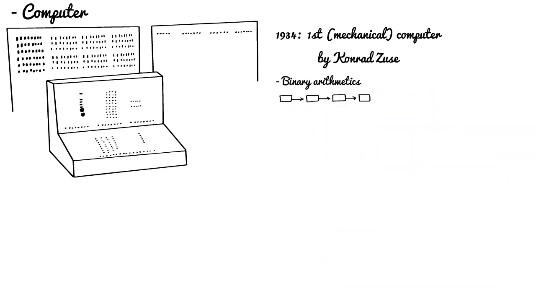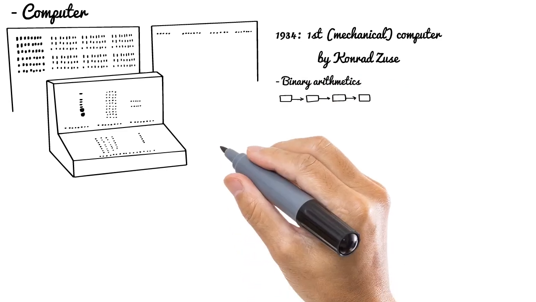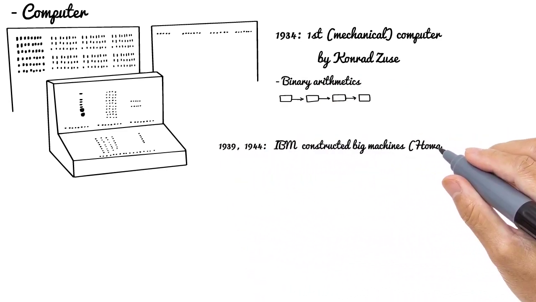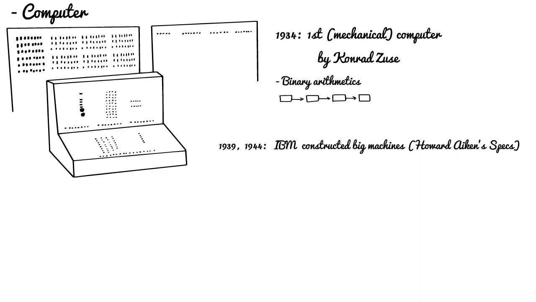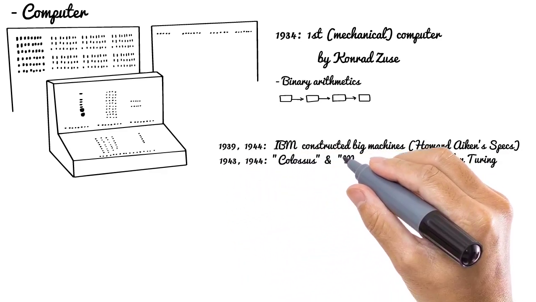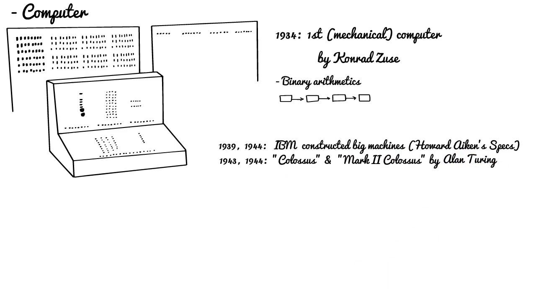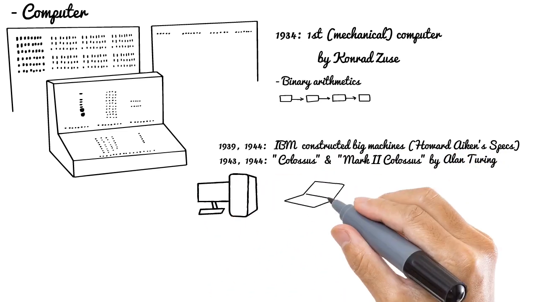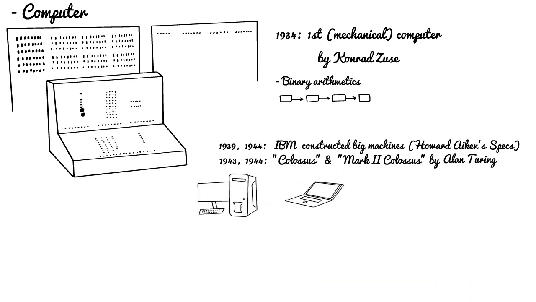Another example is a big machine constructed between 1939 and 1944 by IBM, based on Howard Aiken's specifications. Alan Turing constructed a few other big machines: Colossus in 1943, Mark II Colossus in 1944. Nowadays, computers have become relatively small and very powerful.